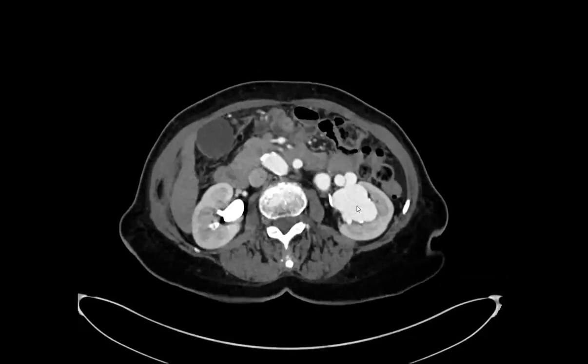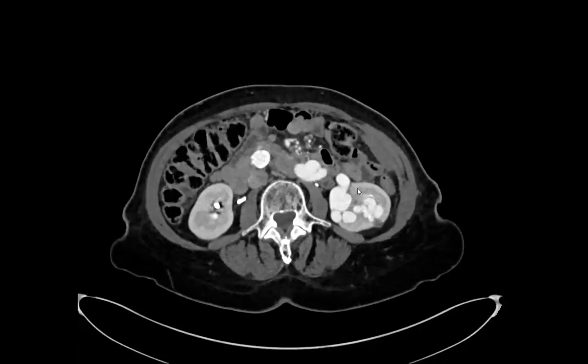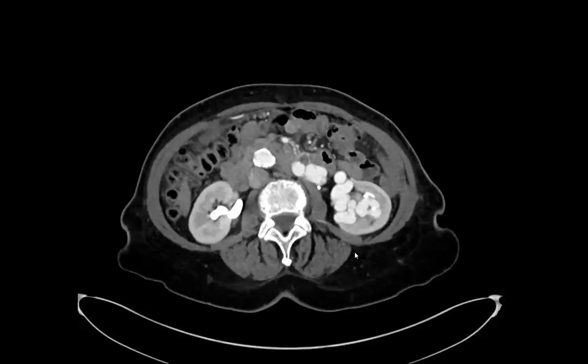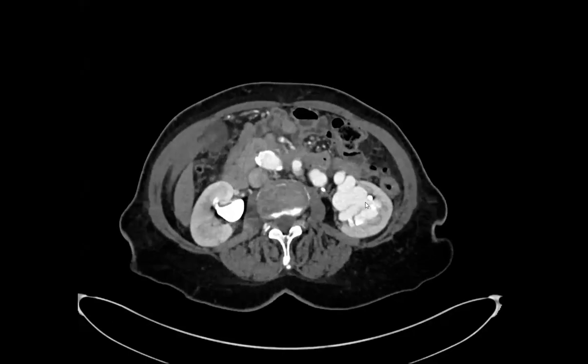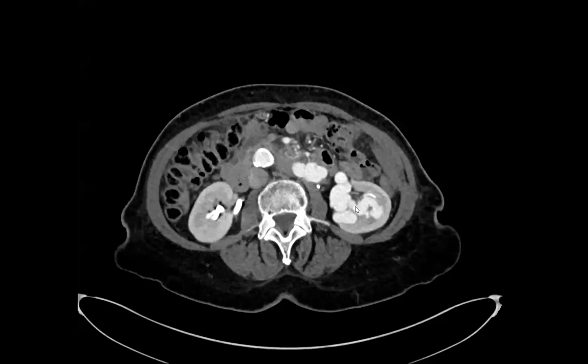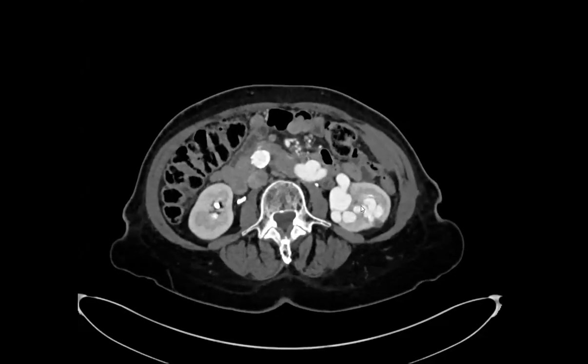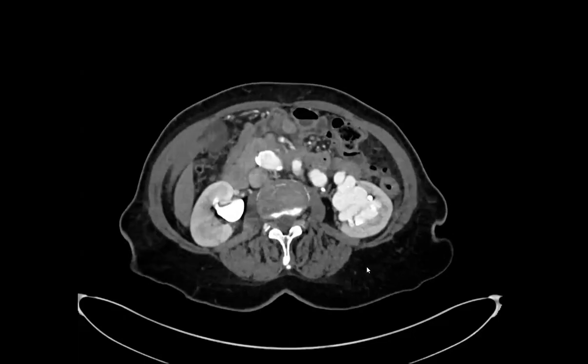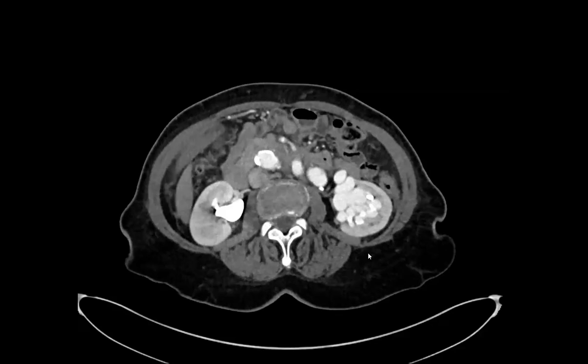When you've got that big vascular nidus, that's more likely a congenital AVM. It can be seen with Osler-Weber-Rendu or HHT, or just as an isolated congenital anomaly. With an AV fistula, you don't get this big tangle of vessels, but you might get early filling of the vein, and it's usually post-traumatic, usually from a renal biopsy or renal trauma.